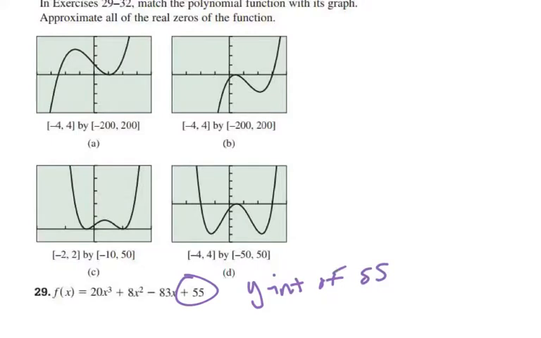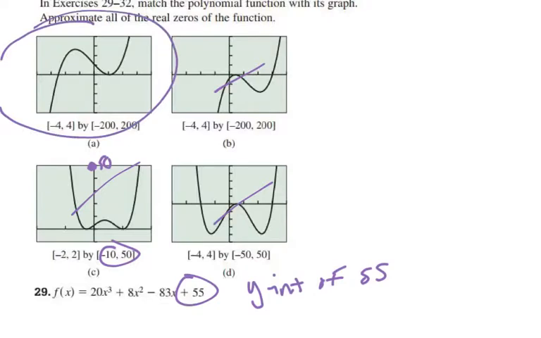And so if we look at all of these, the y-intercept is negative here, and positive and positive. However, this one has our y going from -10 to 50, and so if this is 50, 55 is not even on the graph, so it can't be the y-intercept, so it's not that one. And so it must be part A as our answer.